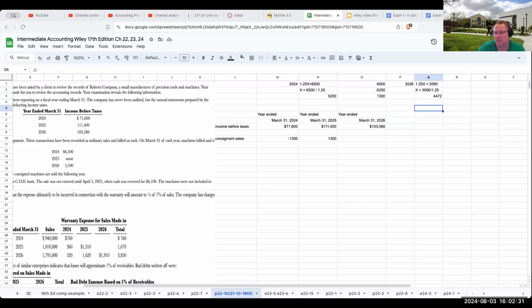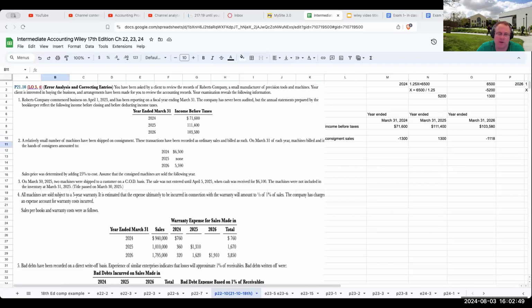So the cost was 4,472, and our profit on this one that we should not have been reporting is 1,118. Again, we're focused here on removing the profit because it does not belong to us. Basically, we don't really hold that inventory.